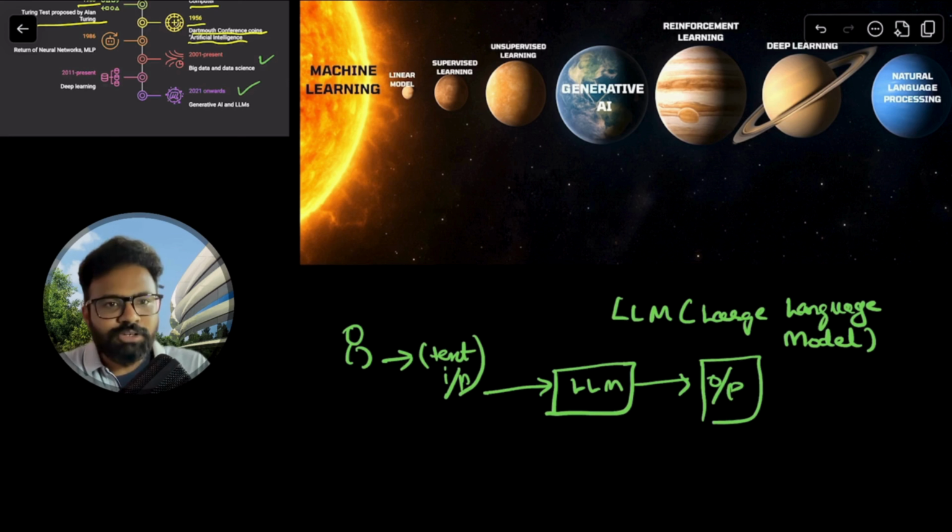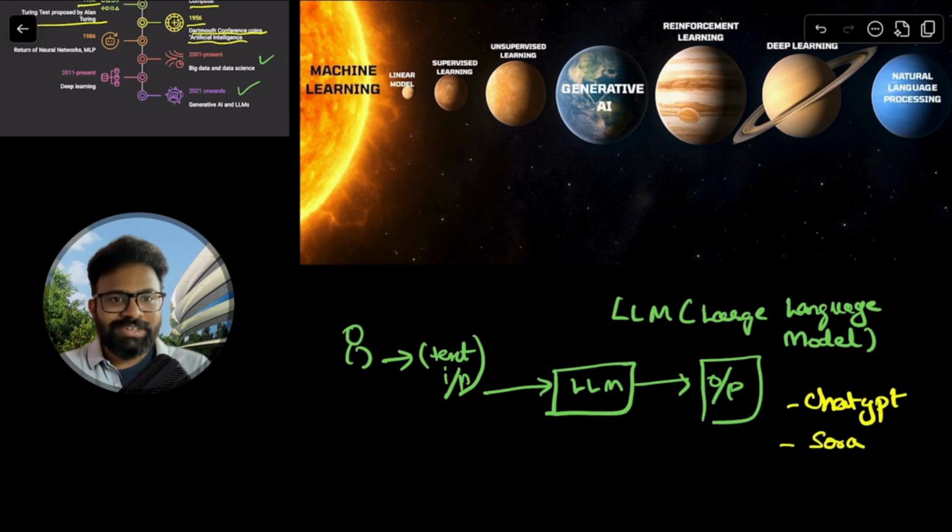What are large language models? You can say ChatGPT. ChatGPT is a large language model. Now you have so many large language models like Sora, each having its own significance or specialization in processing.